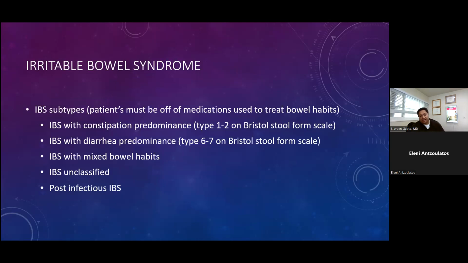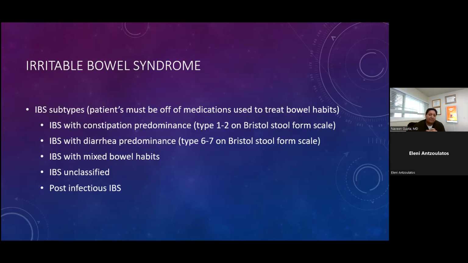So within that, and using that Bristol stool scale, you can create subtypes of IBS. An IBS with a constipation predominance, which would be that type 1 to 2 stool. IBS with diarrhea predominance, which is type 6 to 7 stool. Those that are mixed. What does it mean where you have both constipation and diarrhea?